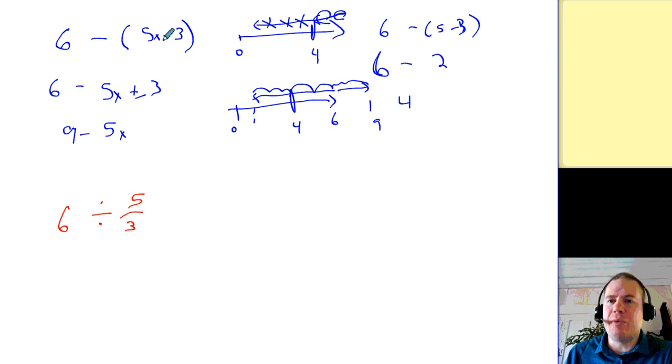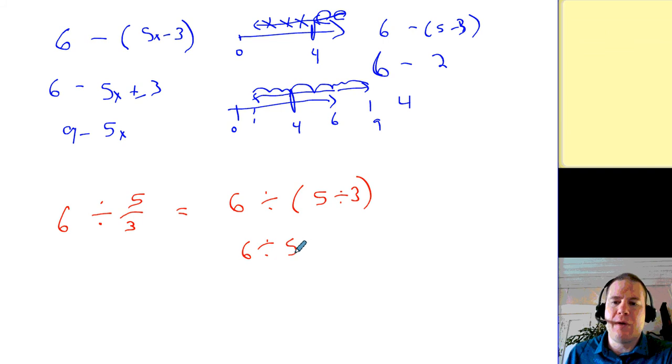Well, written the same way I have up here, that's 6 divided by 5, divided by 3. 6 is being divided by 5. 6 over 5. That's 6 is over the 5.